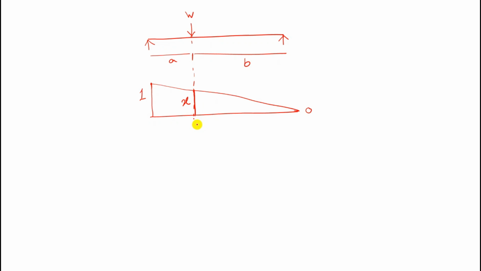Now how can we calculate this distance x? You can see this distance is b and this distance is L. So from the graphical representation we can write 1 divided by L equals x divided by b, because we have the same angle for two different triangles.